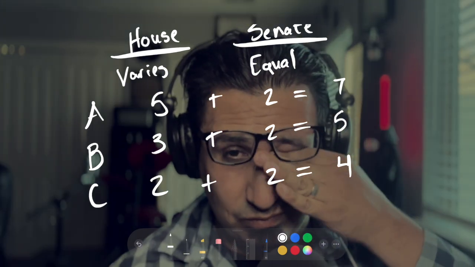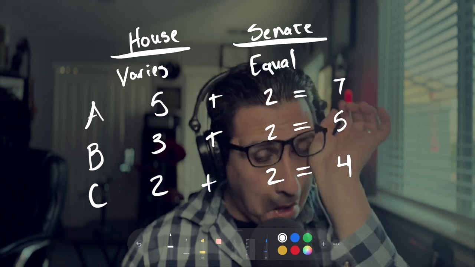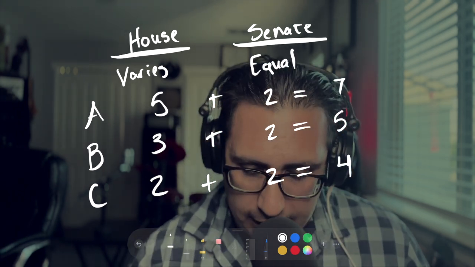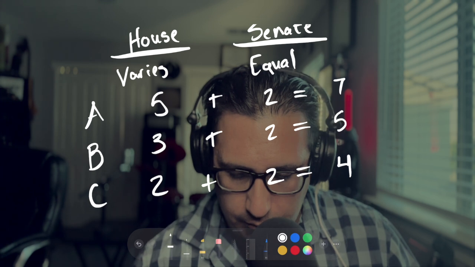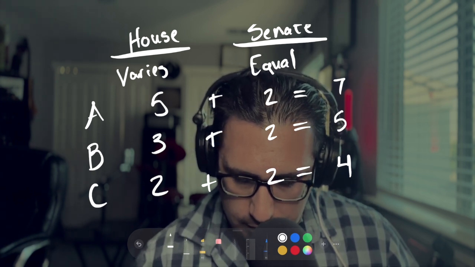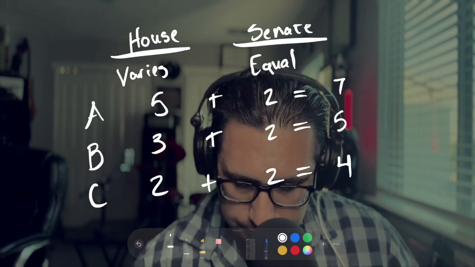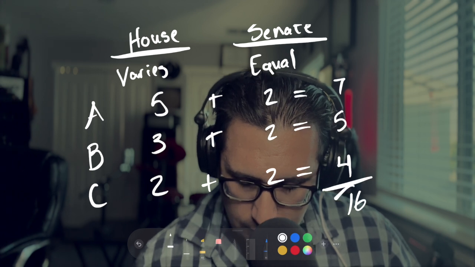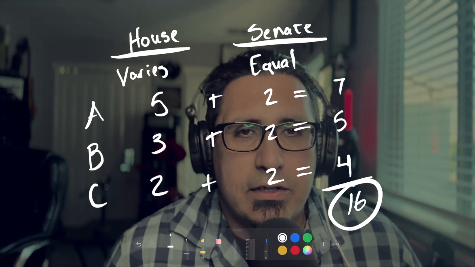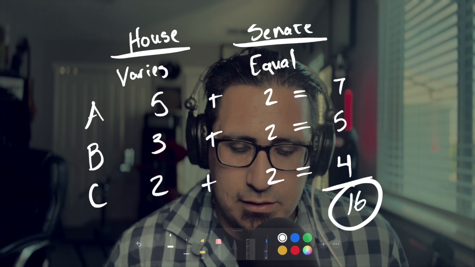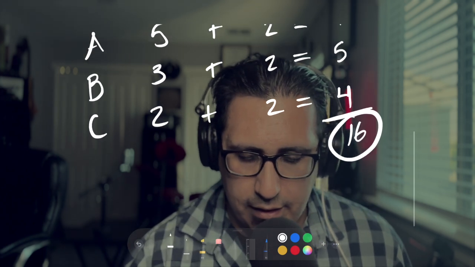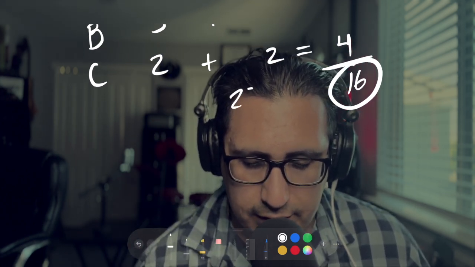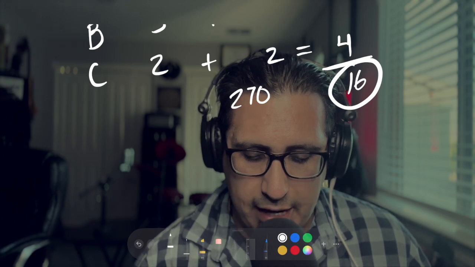Making this a total of 16 votes. So in order to win, in this case, this is why they say in the actual race that it's 270, because it's just past the halfway point.